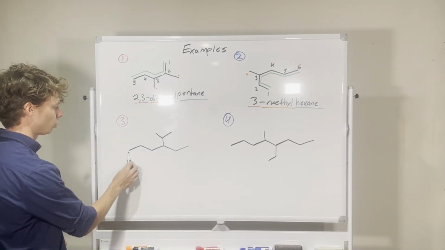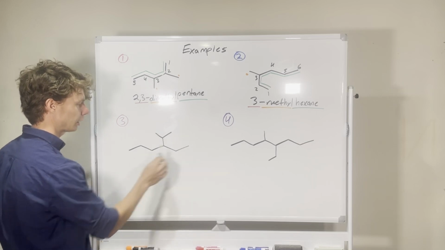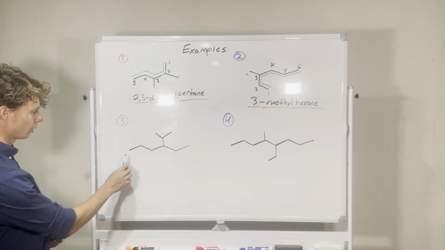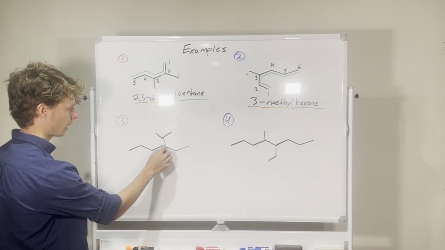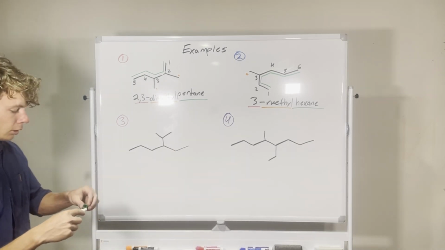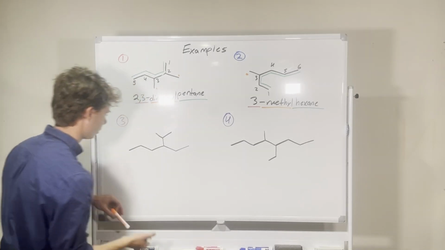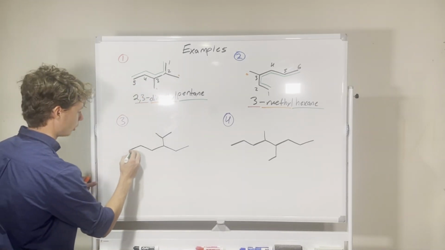I could number these 1, 2, 3, 4, 5, 6. Let me make sure there's not any other things that might interfere here. 1, 2, 3, 4, 5, 6. So now I have a decision to make. Which carbon chain should I choose? I could choose the green one.